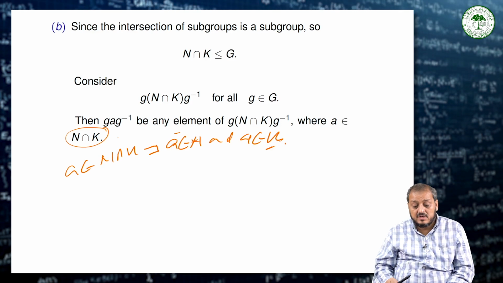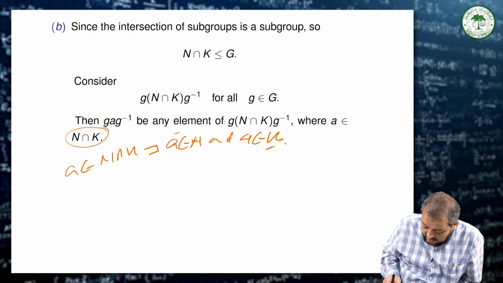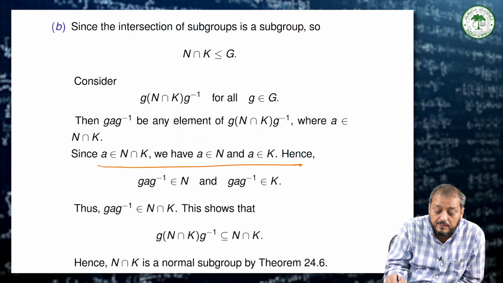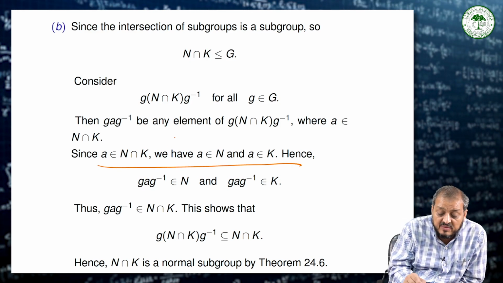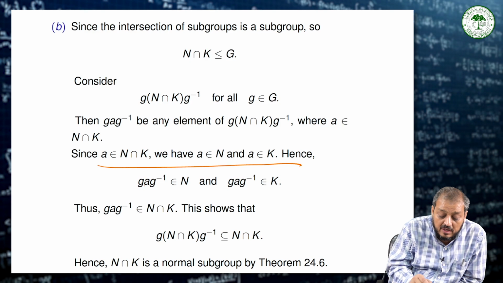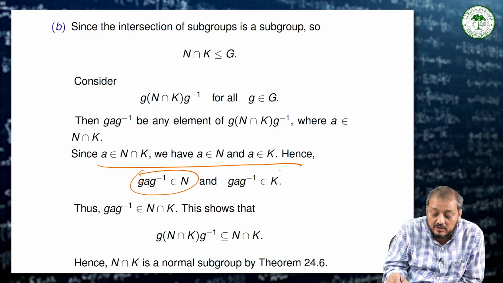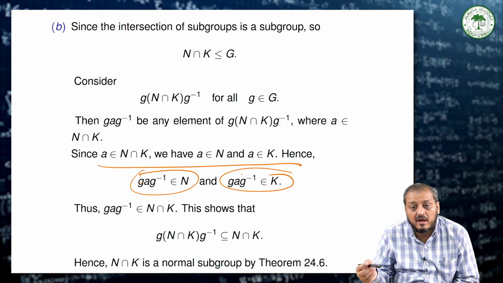So we write it in this form: a is an element of N, and a is an element of K also. So this means, because g is an element of G, that clearly g inverse a g is an element of N, and also an element of K. Why? Because N and K are normal subgroups.